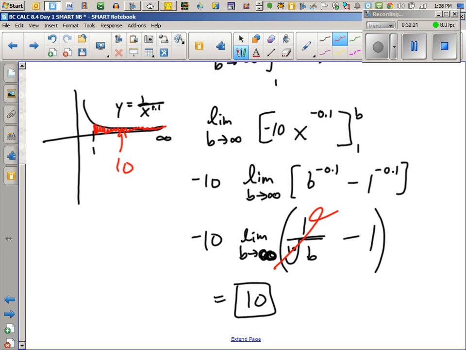So what's going on here is this. The antiderivative here is bottom heavy. See, the antiderivative here is bottom heavy. See, it has a minus power. You added 1, but the original power was negative 1.1, right?